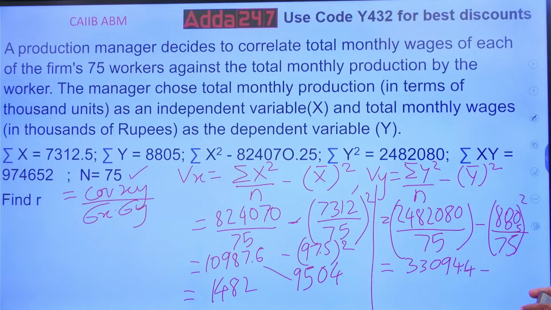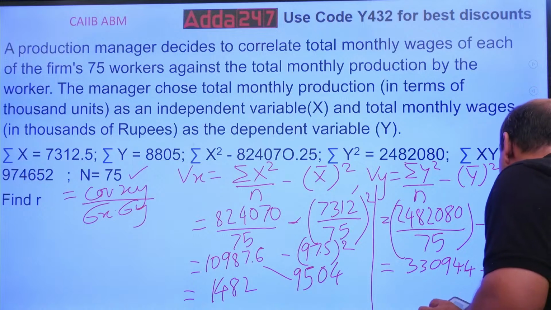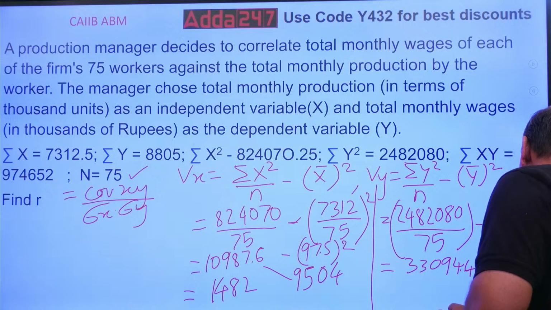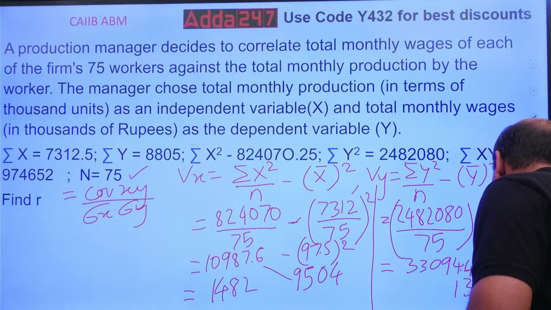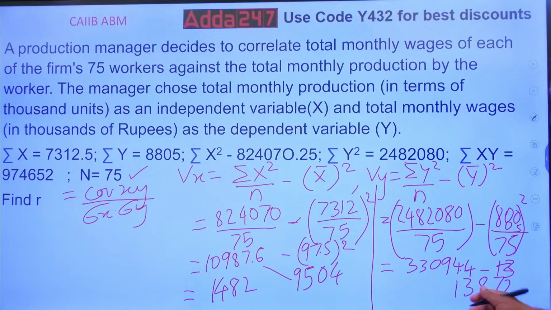So 117.4, and square of this. Immediately find the square also. So 13872.